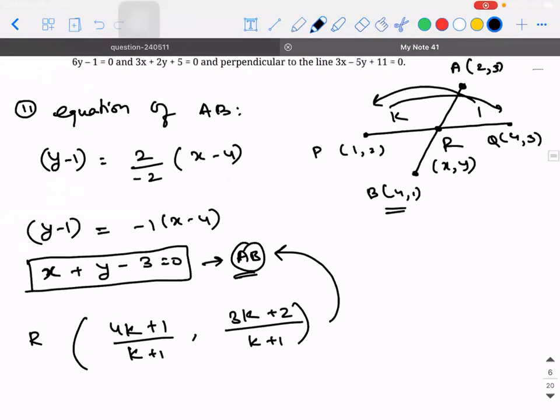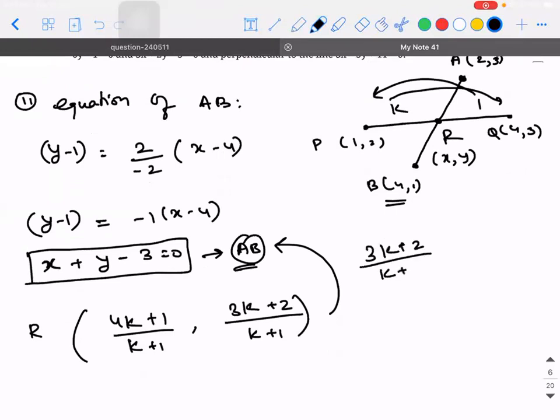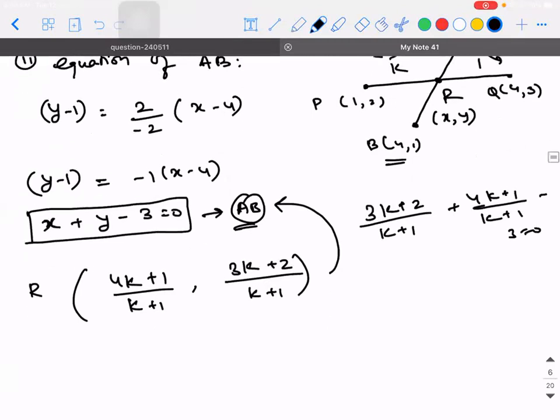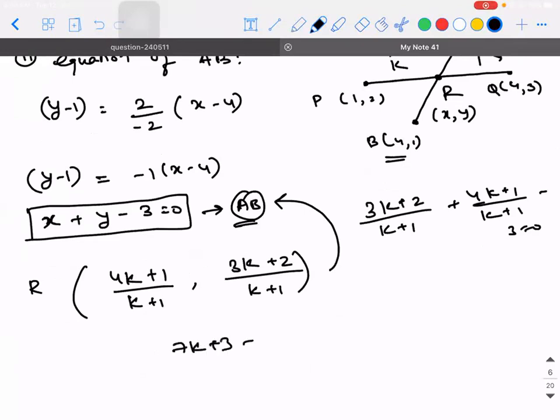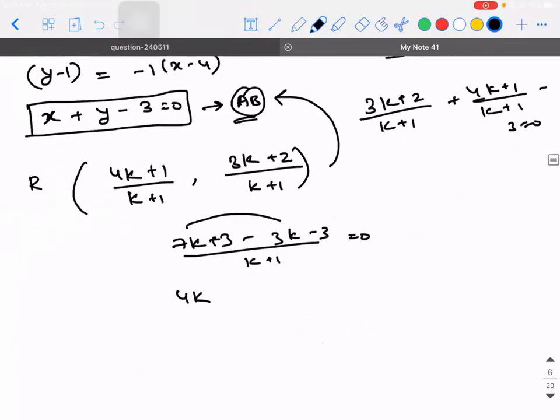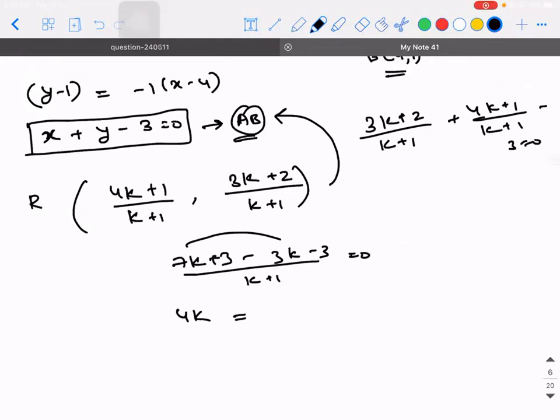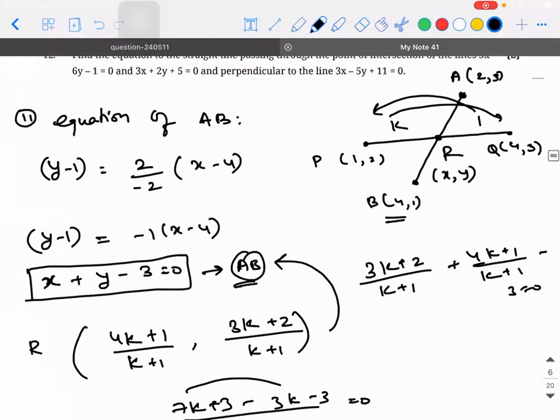Let's substitute and see. (3k plus 2) divided by (k plus 1) plus (4k plus 1) divided by (k plus 1) minus 3 is equal to 0. So (7k plus 3 minus 3k minus 3) divided by (k plus 1) is equal to 0. I'm getting 0. Is the equation of the line correct? The slope is (3 minus 1) by (2 minus 4), which is 2 divided by minus 2, into x minus 4.